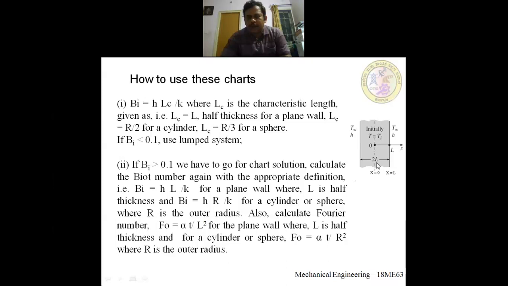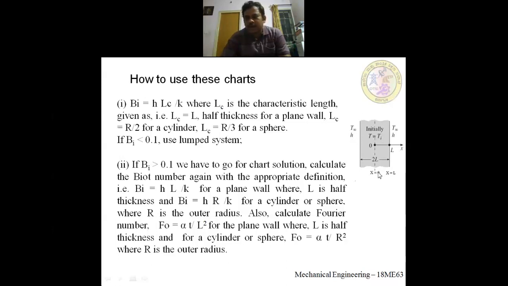The thickness we have taken for the plane wall is 2L, so half of the thickness is just L. That is, from the left surface of the plane to the axis line is L, and again from the axis line to the right surface of the plane wall is another L. So L plus L becomes 2L. Both sides of the plane surface are subjected to the same convective boundary condition, that is, h and T infinity.